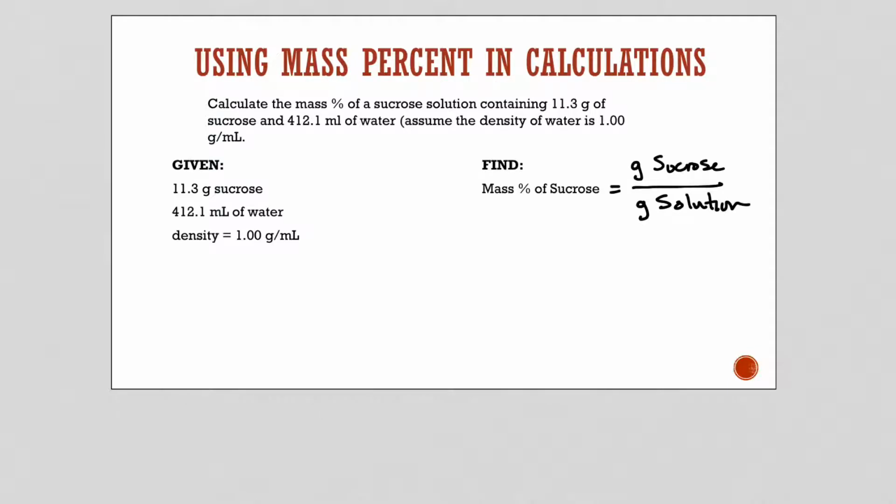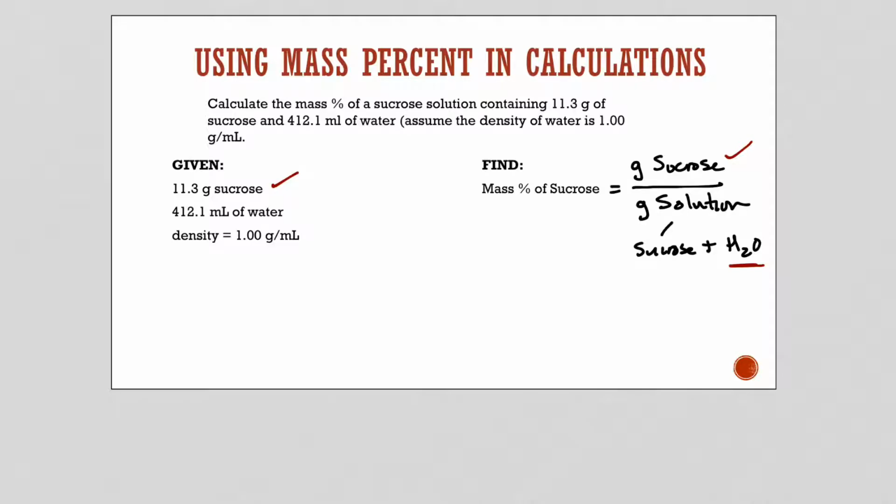And in the solution in this case, that's going to be sucrose plus water. So what do we know? Well, if we look at our problem, we know the grams of solute, right? So we have the sucrose, that's our 11.3 grams. We know the volume of water, right?